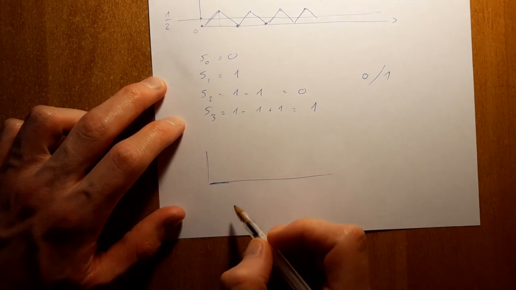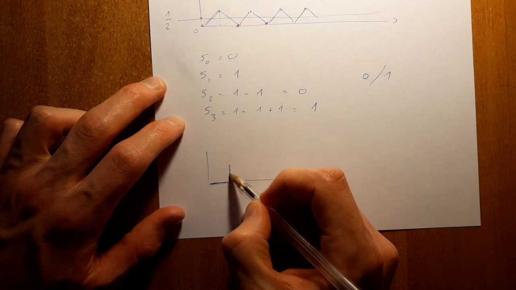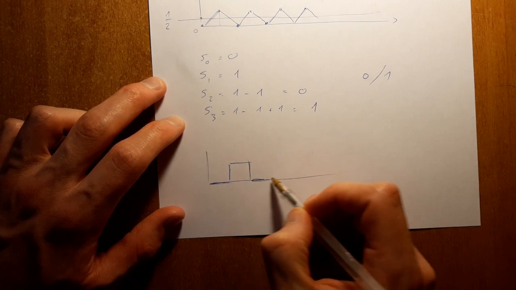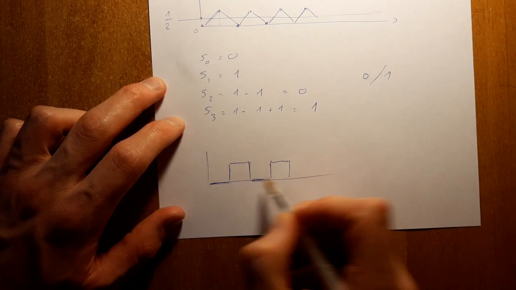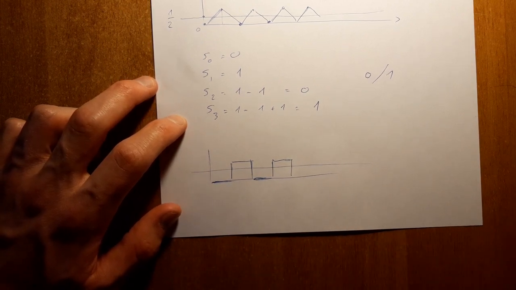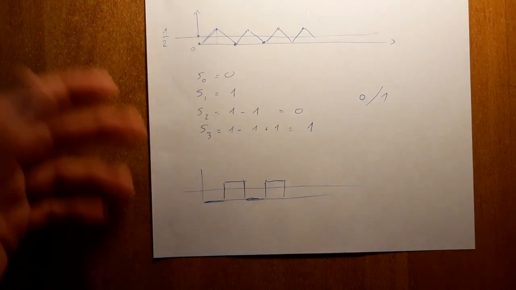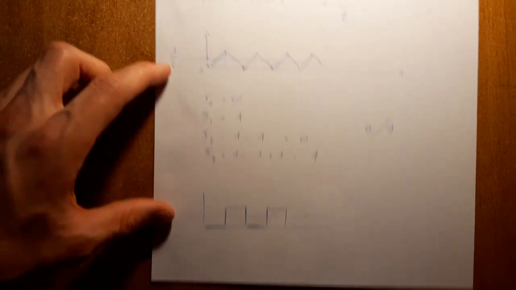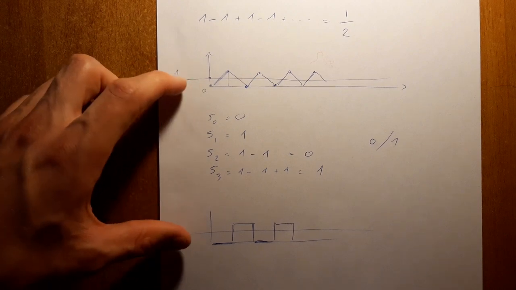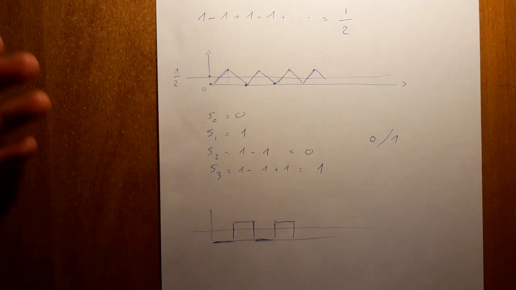The null partial sum is 0, the first is 1, the second is 0, and so on, and it's the same thing. But in the next videos we will choose which one is the better graph, because we will notice some properties.